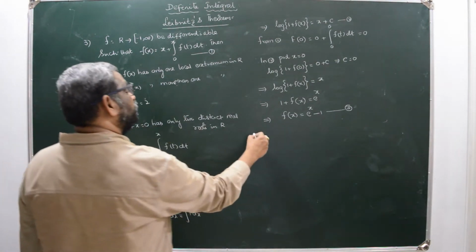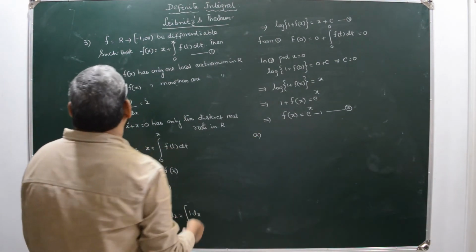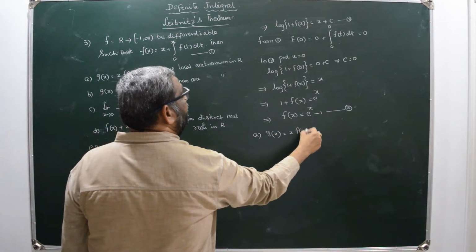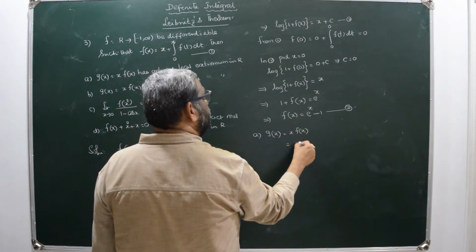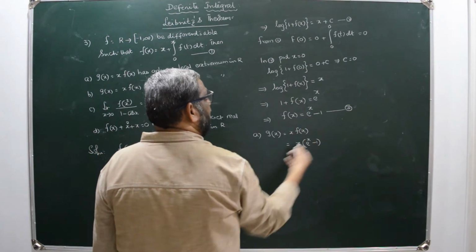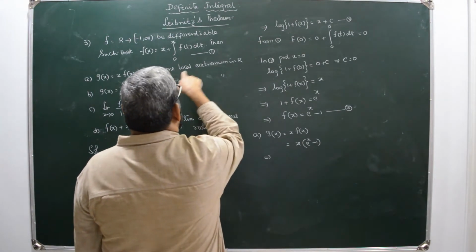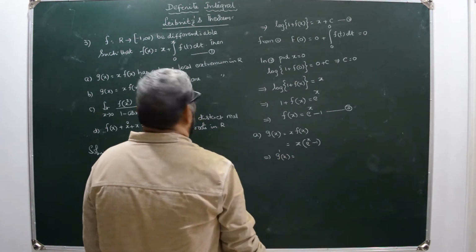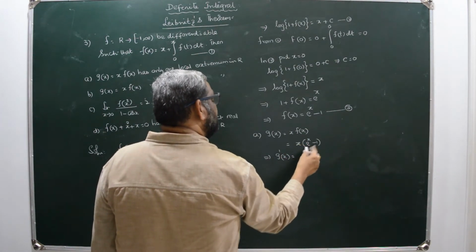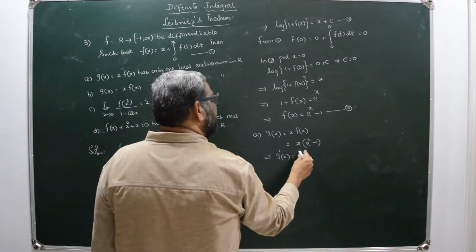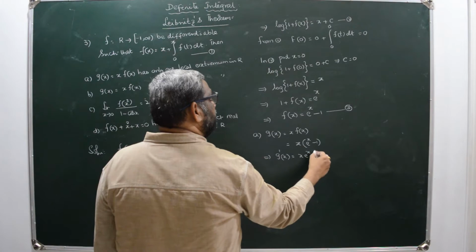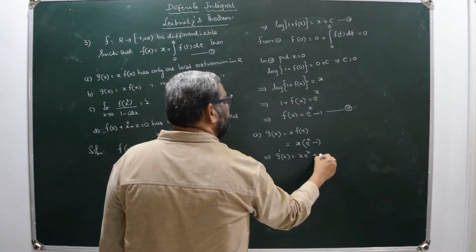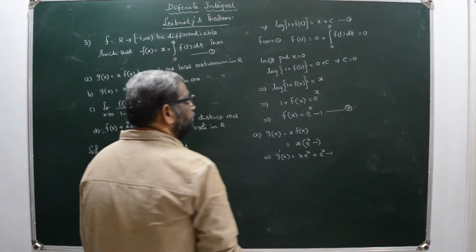The first option: g(x) is equal to x into f of x, that is, x into e to the power of x minus 1. To verify whether it has a local extremum or not, g dash x is equal to x into e power x plus e power x, plus e power x minus 1.